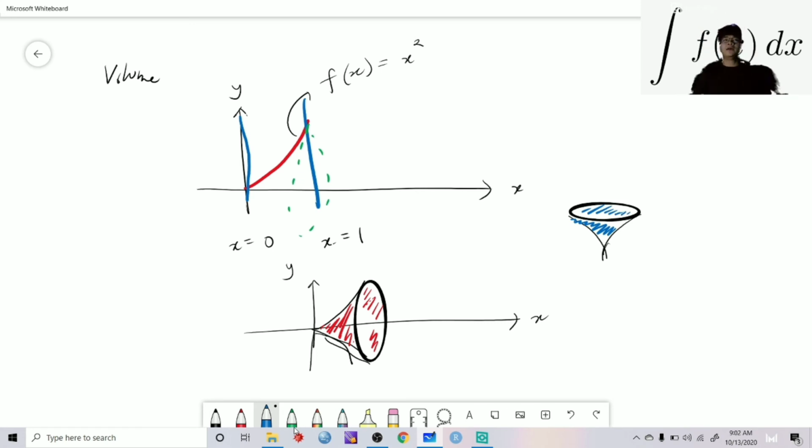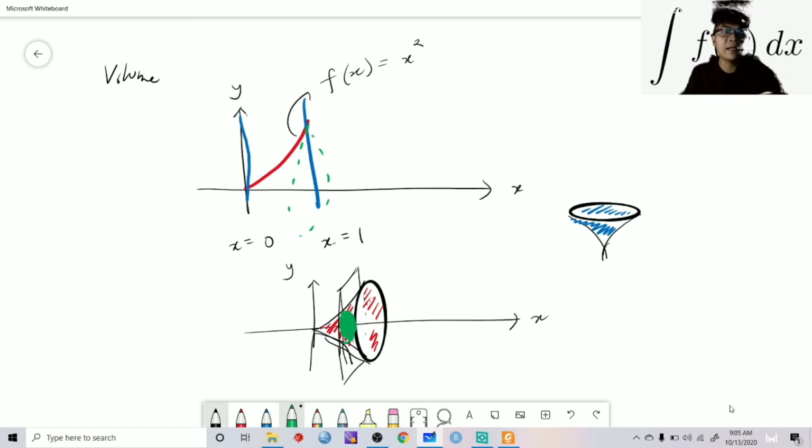In order for us to get this kind of volume, we will slice this solid, and as we can see, we will obtain a circle here, and then we look for the area of this green circle.